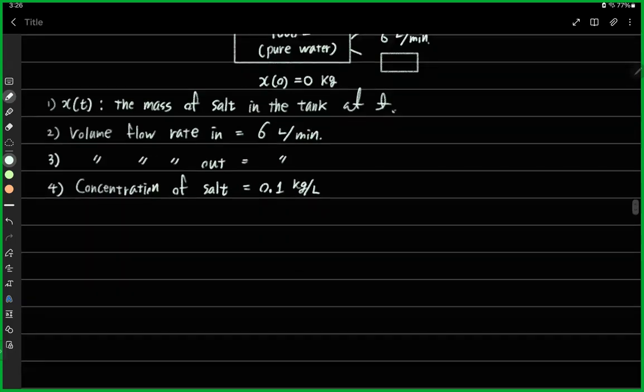Applying the conservation principle, we get dx/dt. Actually dx of t, but let me skip writing the parenthesis t. dx/dt is equal to the input rate, or we can say input mass flow rate, minus the output rate. Let's figure out the input rate and output rate.